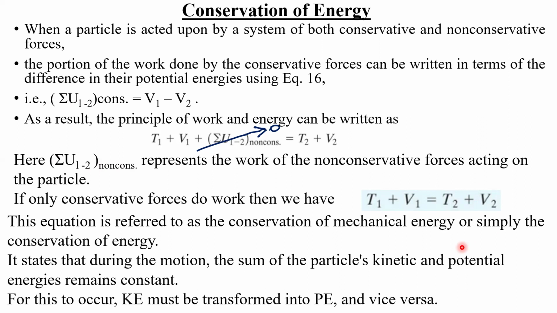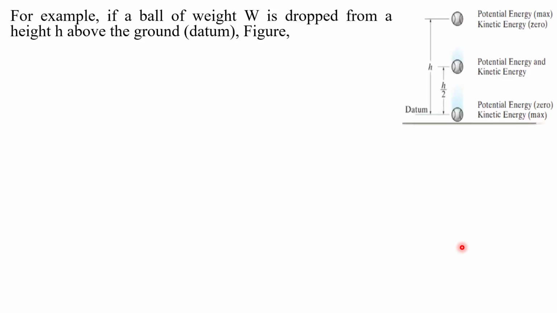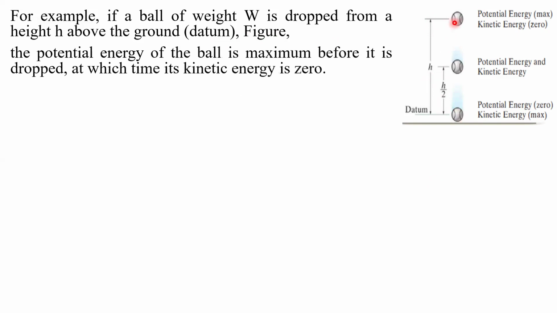For this to occur, kinetic energy must be transformed into potential energy and vice versa. For example, if a ball of weight W is dropped from height h above the ground, then the potential energy of the ball is maximum before it is dropped, at which time its kinetic energy is 0, because the velocity is 0.